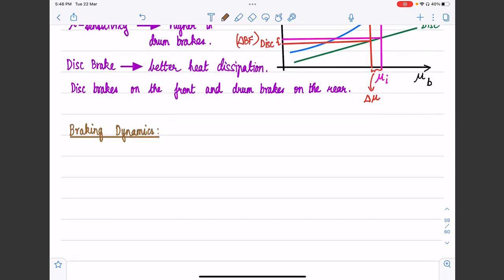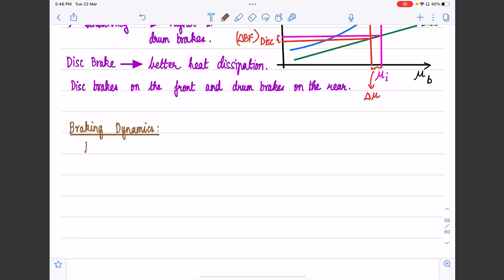So when we look at braking dynamics, what are the loads or forces that act on the vehicle? Loads are nothing but the forces that act on the vehicle.